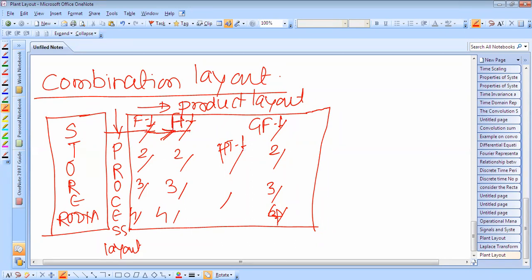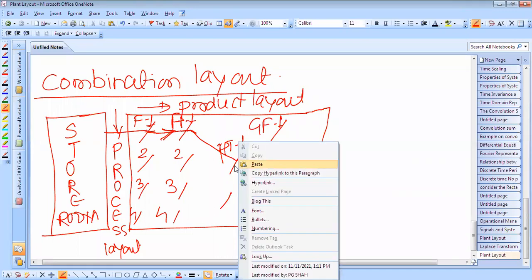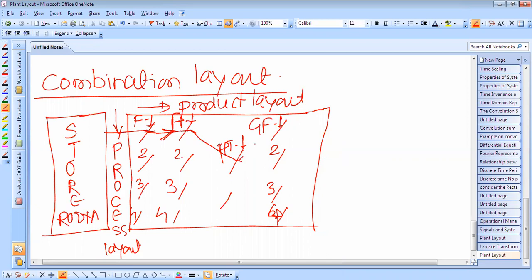H4 is the hobbing machine for cutting the gear teeth. After that it comes to the HT. So HT stands for the heat treatment furnace. After the heat treatment furnace, it is sent to the gear finishing machines, and after that it is sent to the storeroom.